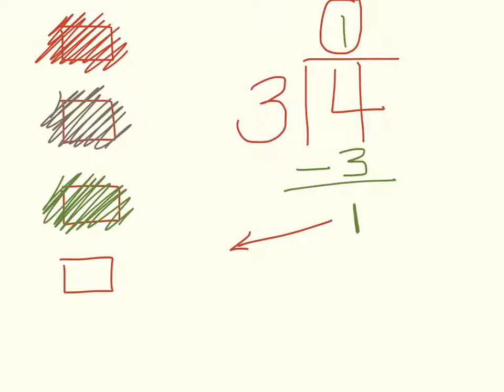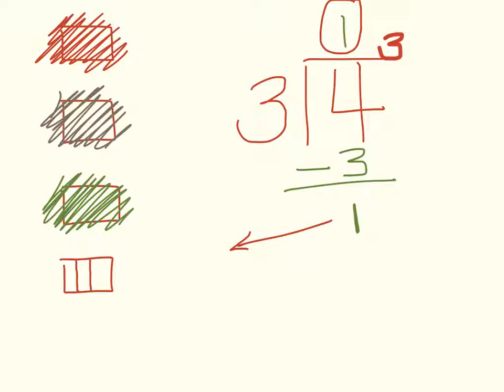Well, I need to make it fair. I have 3 friends. So, I'm going to divide this 1 candy bar into 3 pieces. So notice up here, I'm going to divide that 1 candy bar, that's 1 piece that's left, into 3 pieces.